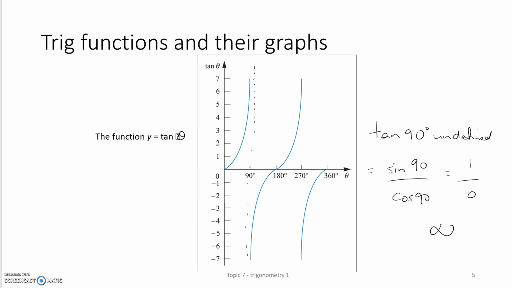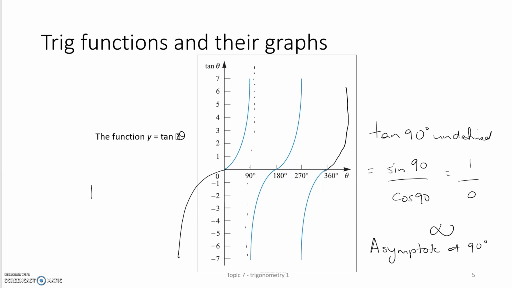What we also say is that there's an asymptote at 90 degrees and 270, which means that the curve doesn't cross that line, it just gets closer and closer and closer to that line. And again, it doesn't just start there, it carries on backwards and it carries on forwards as well.